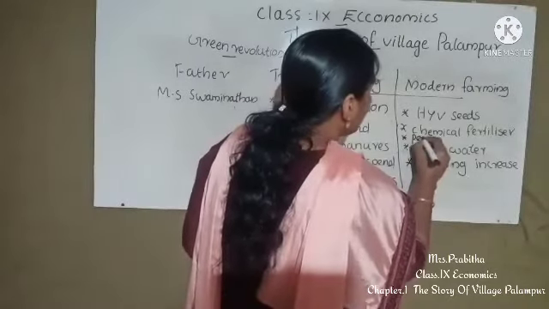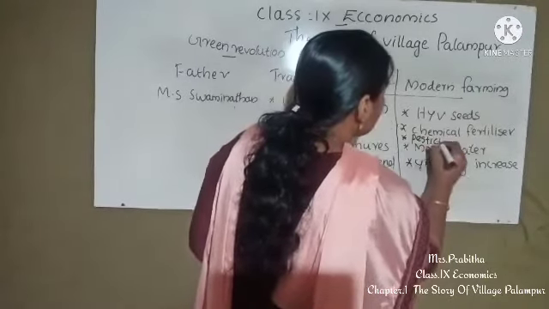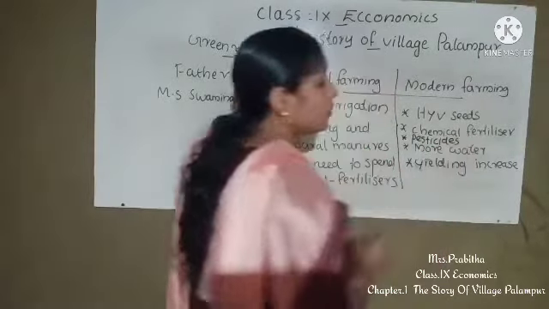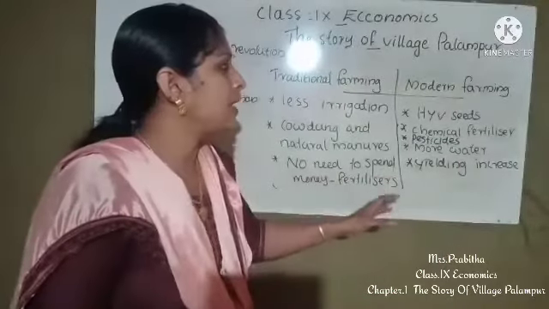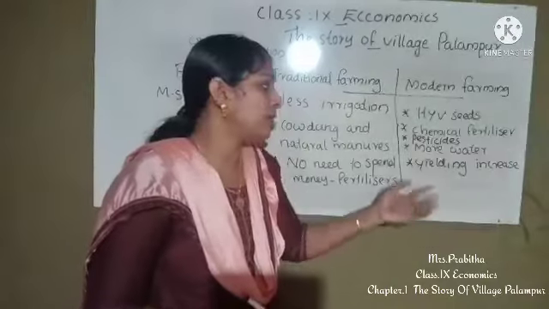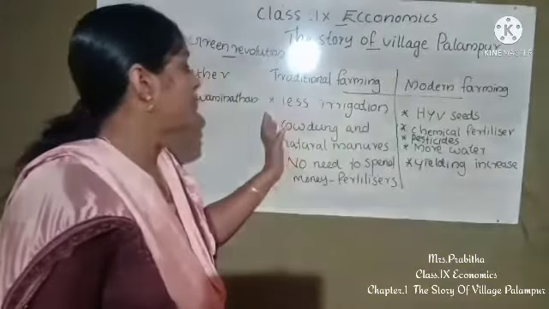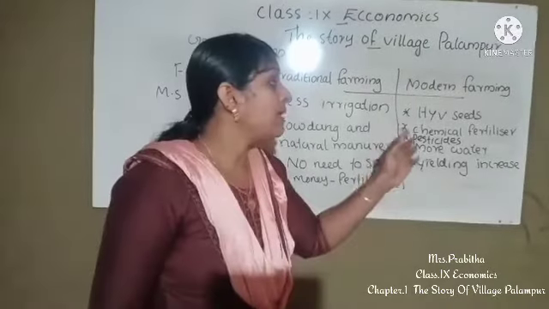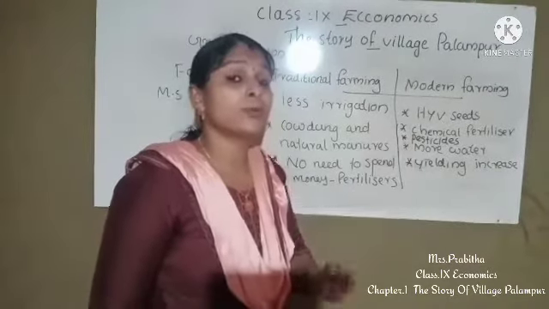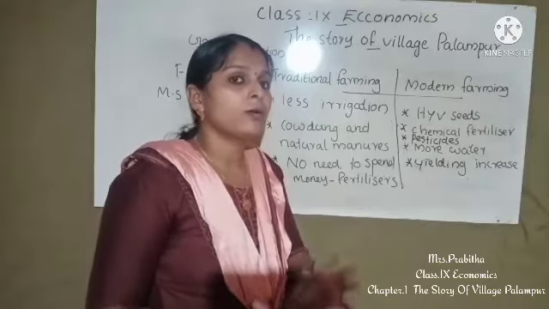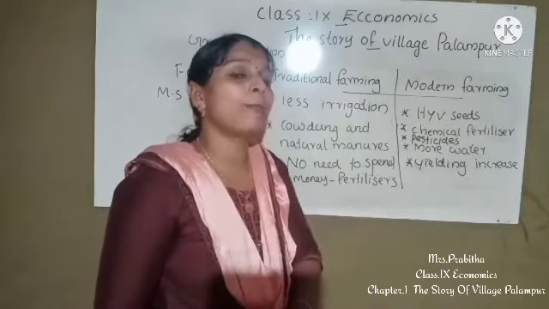Modern techniques, pesticides and modern machineries were also used by the farmers. As a result, agricultural production increased. Chemical fertilizers and pesticides produce the best result, so production was increased rapidly.